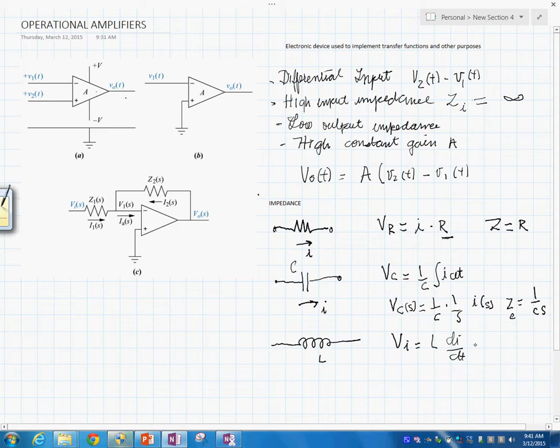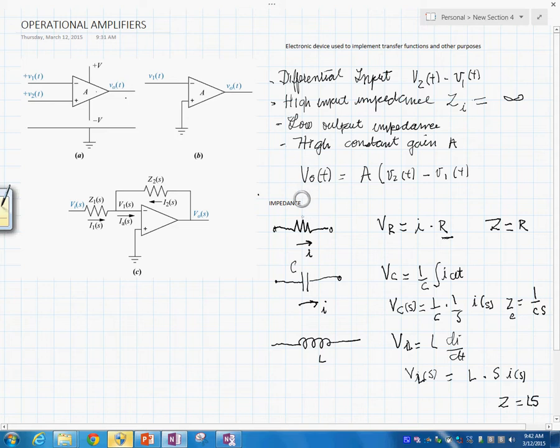That's the way we define it. So in the Laplace domain, the voltage across the inductor, let's put a V sub L, across the inductor is going to be L times S times I of S. So the impedance for this device is going to be S L, excuse me.